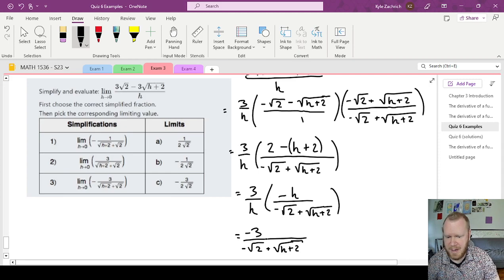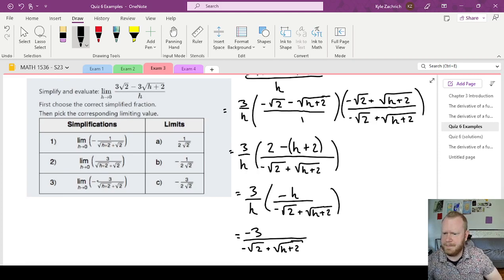Let's see, does that match up with any of our solutions that we've got here? Not quite. So maybe we've got a, well, let's see, probably not this negative 1.